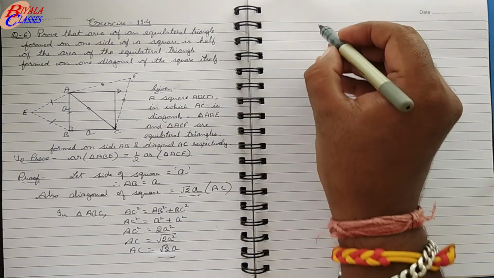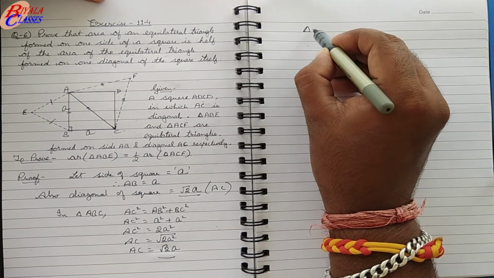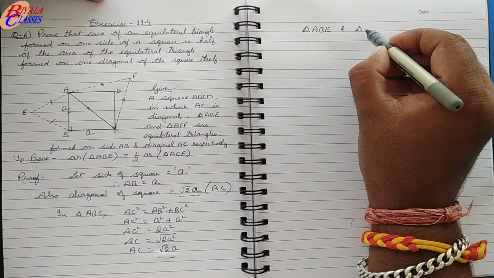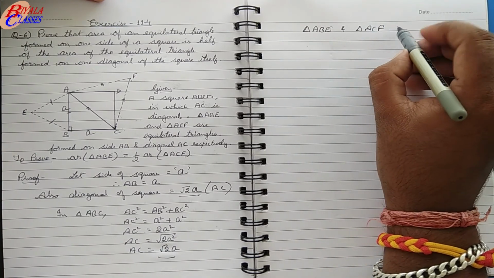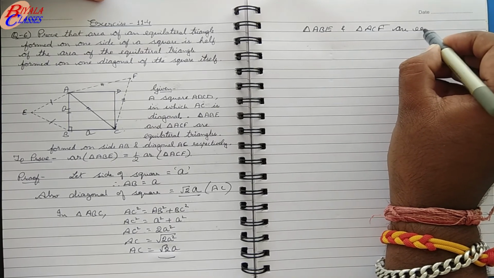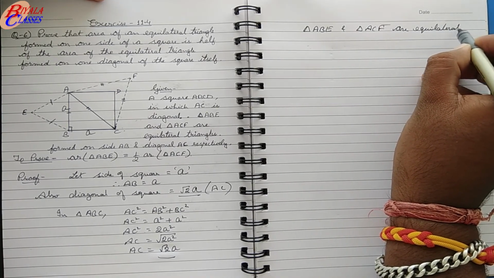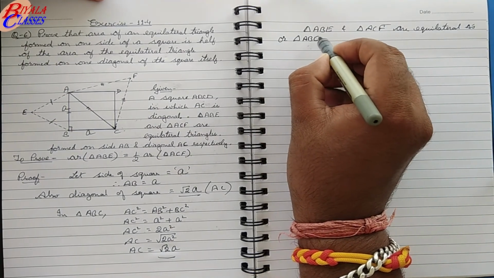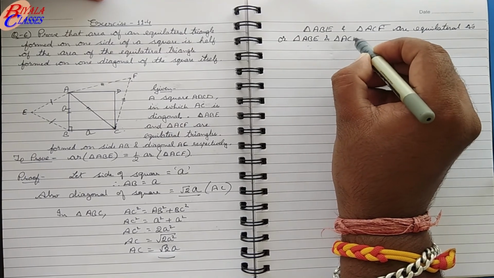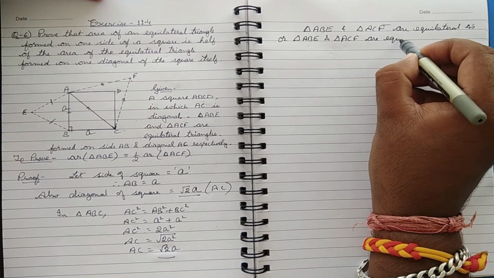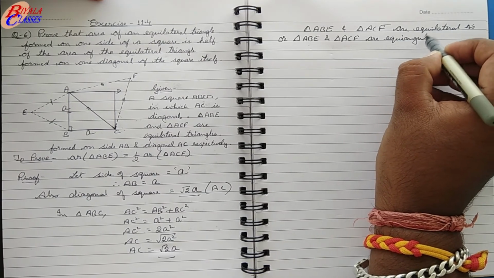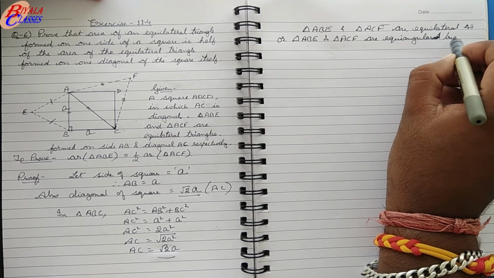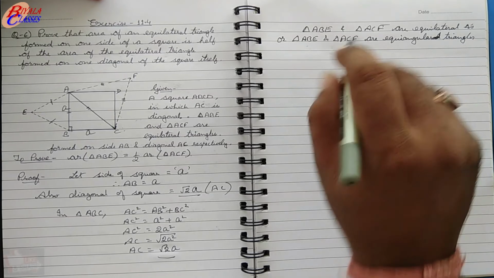Now the triangles are equilateral triangles. So being equilateral, we can say that they are equiangular. So triangle ABE and triangle ACF are equilateral triangles, and they are equiangular triangles.